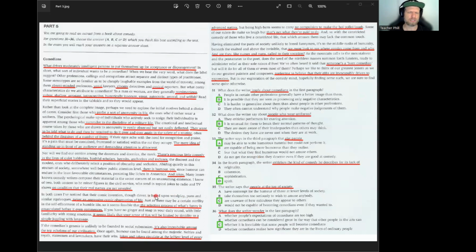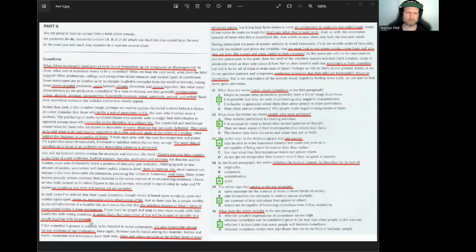He says that this kind of comedy that shy people typically write is based on wordplay, puns, and similar equivoques, but it's never aggressive enough. He says here, if you have no ginger and snap. And he says here, it seems likely that your sense of fun, if you are a shy person, and if you are not familiar with strong emotion, will be limited by timidity to a simple juggling with language.